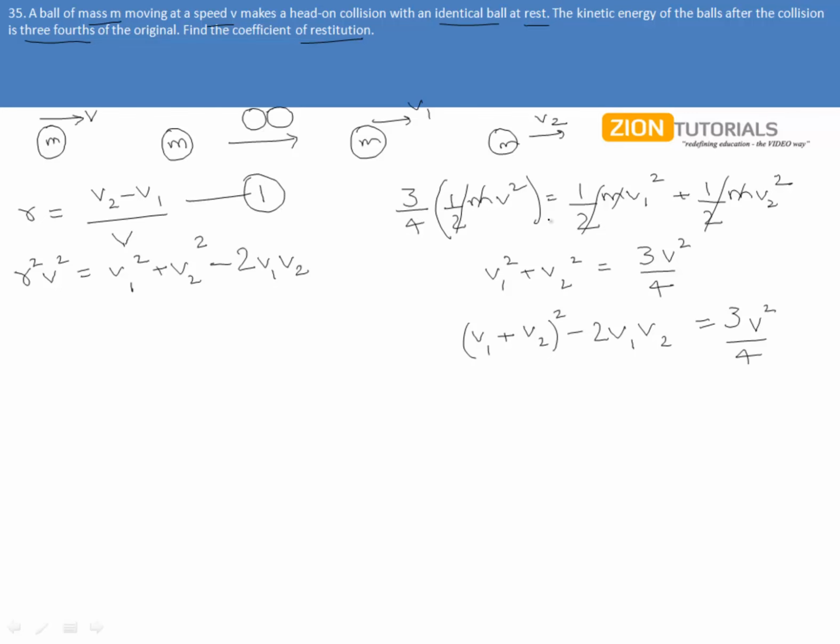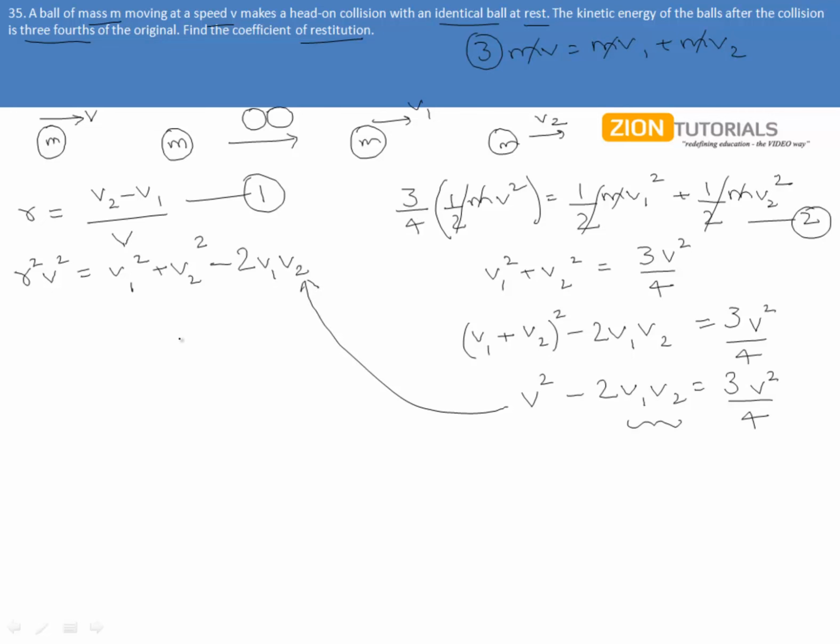So I can put v over here and write it as v square minus twice of v1 v2 equals 3v square by 4. Now take the value of minus 2 v1 v2 from here and put it over here, and we have the value of v1 square plus v2 square to be 3v square by 4.